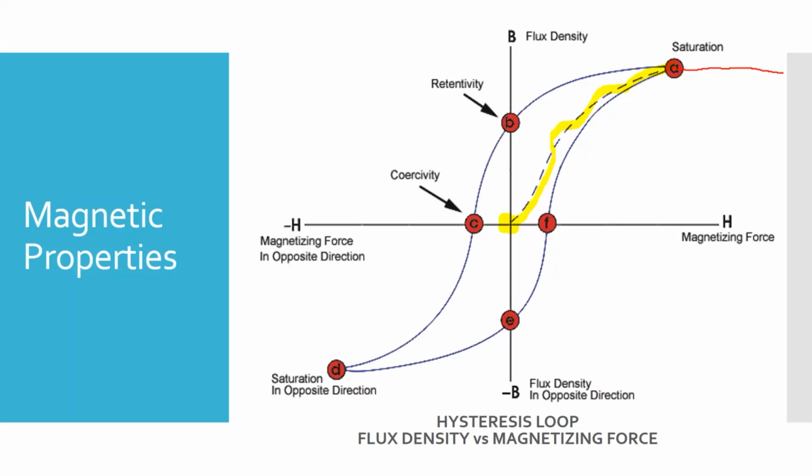Okay. So as that magnetizing force flips, we're going to go back, and you can see when the magnetizing force gets to zero, the magnetic field doesn't actually go to zero because of that property of retentivity. The part wants to hold on, especially in this case, where this diagram is typically for an iron or a ferromagnetic part.